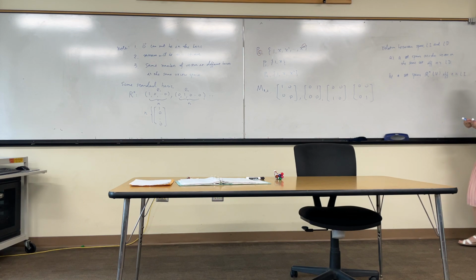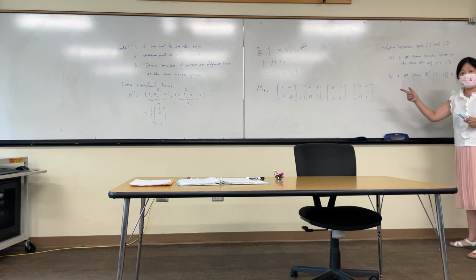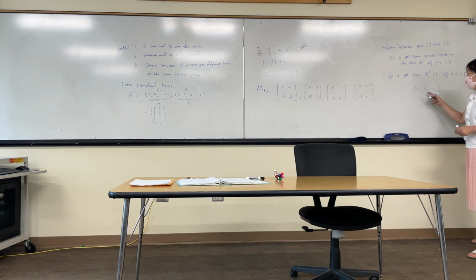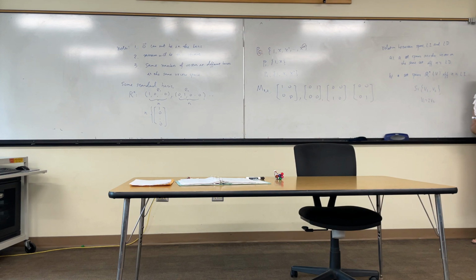So for instance, if you have a set v1, v2, and v1 is equal to 2 times v2, then you span that one, right? That makes sense? v1 is twice that, so it means that v1 can span v2.